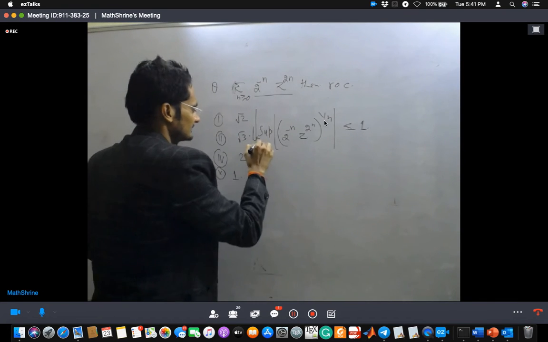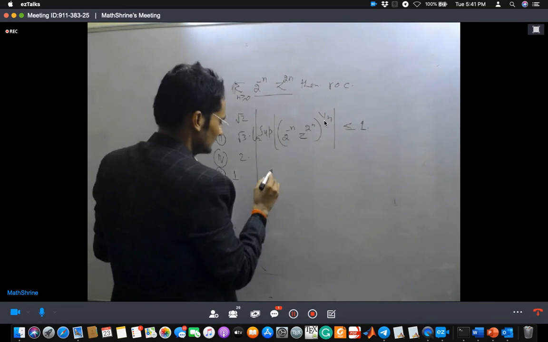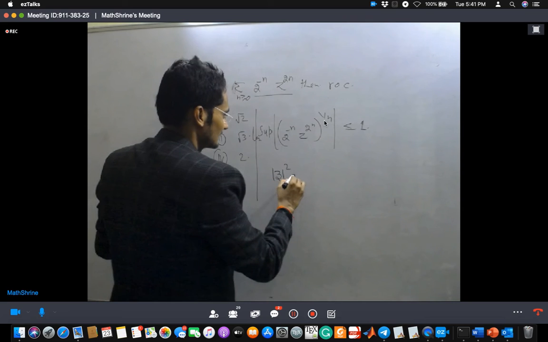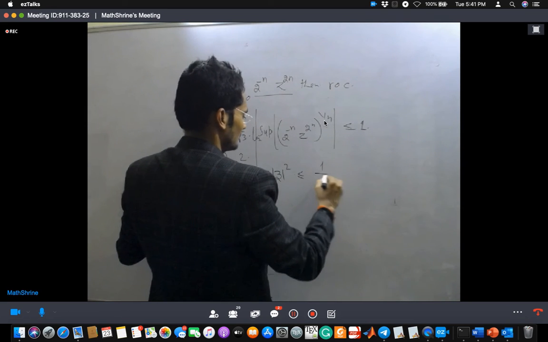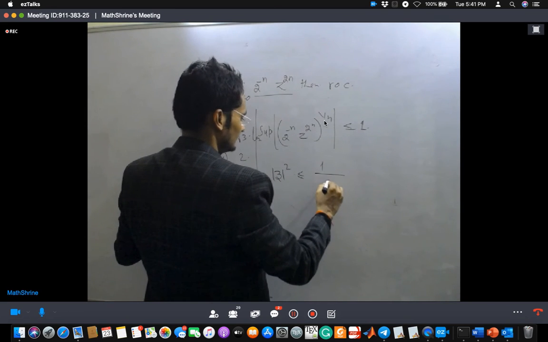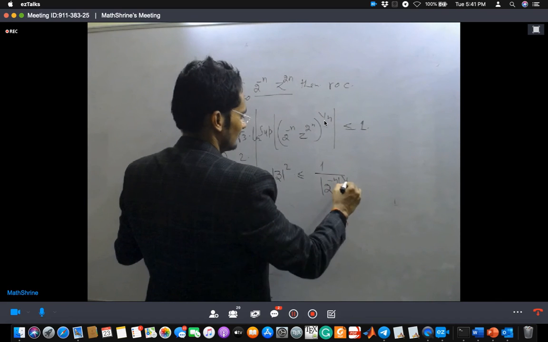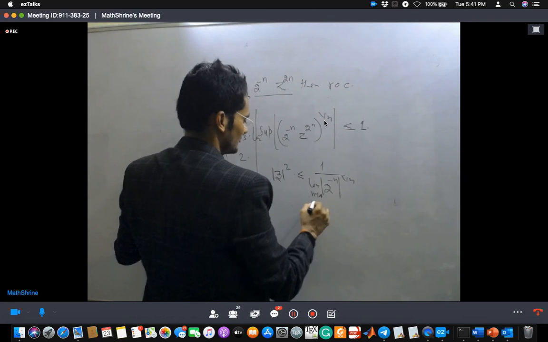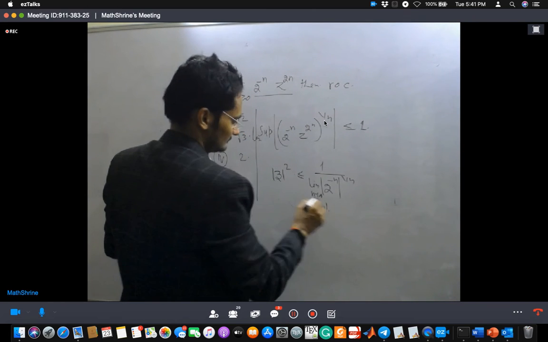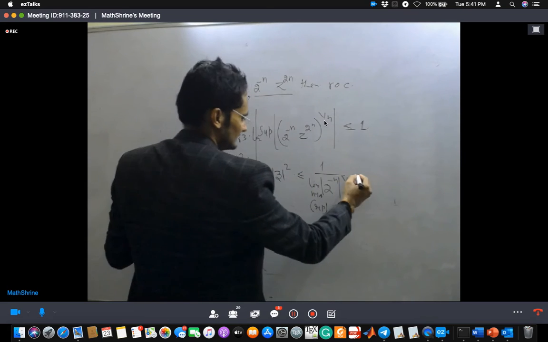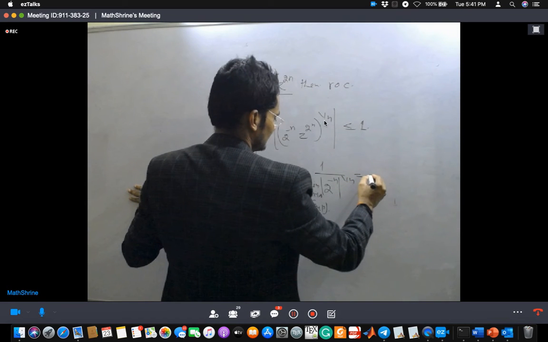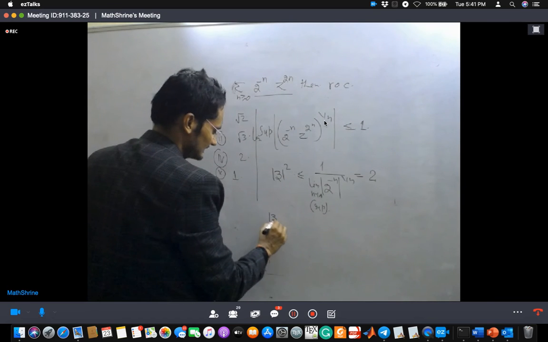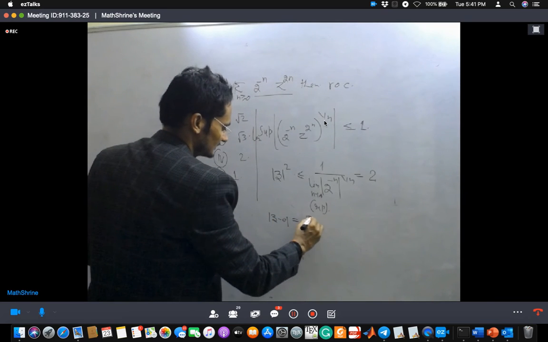The limit comes out as mod z raised to the power 2 less than or equal to 1 upon 2 raised to the power minus n, raised to the power 1 by n, limit n goes to infinity over the supremum. This will come out to 2. So mod z square is 2. This implies that z minus 0 is equal to under root 2.